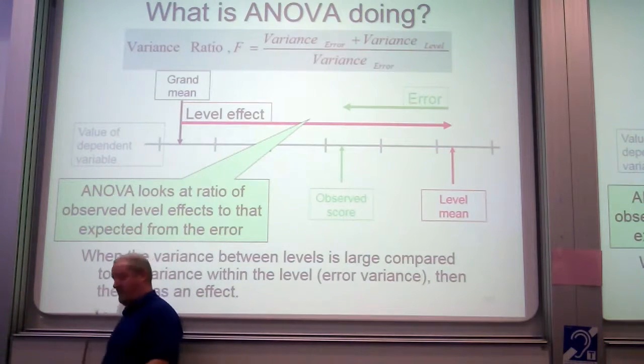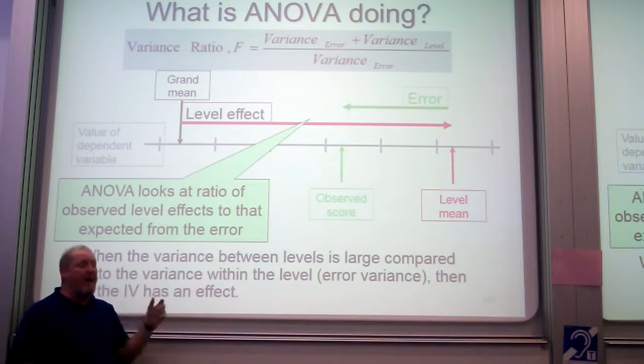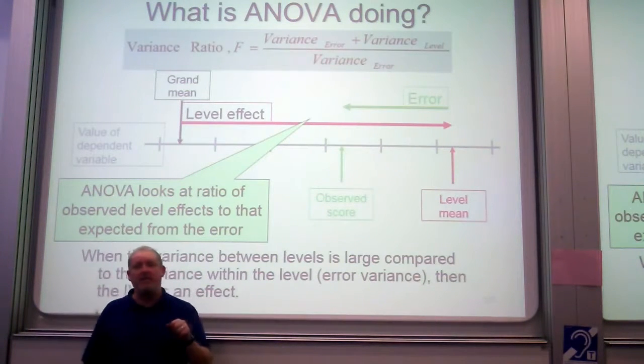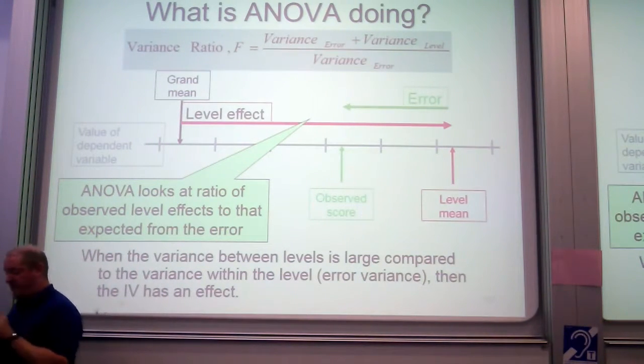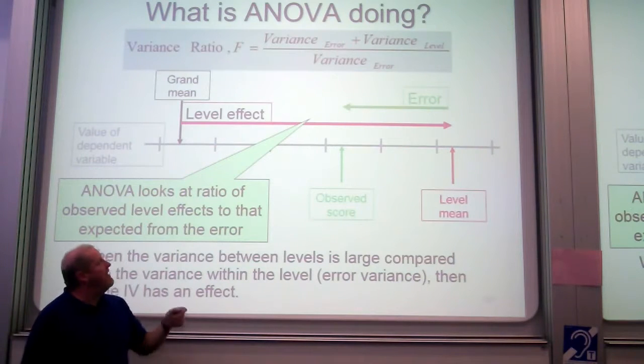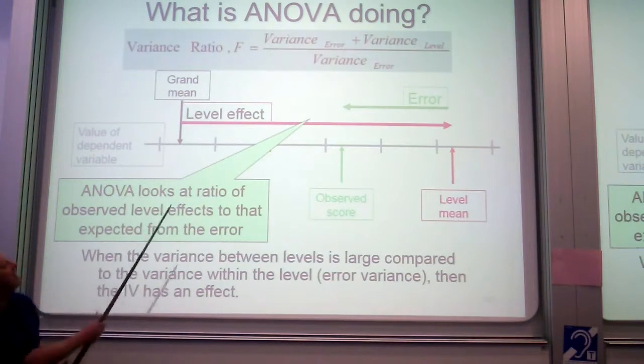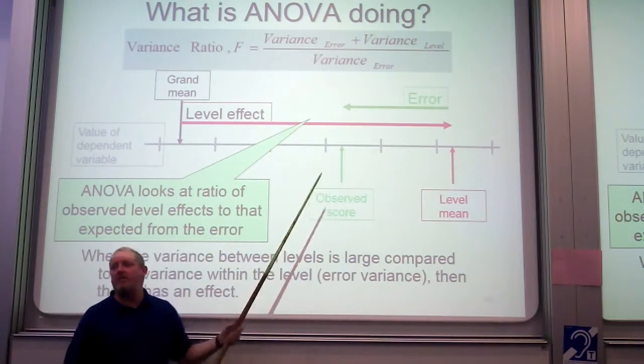So if there's variation due to the level, due to the differences in the means, compared to the error term, the variance of the expected error of those means, then we can say that there is an effect, that the level effect is big compared to the error term.